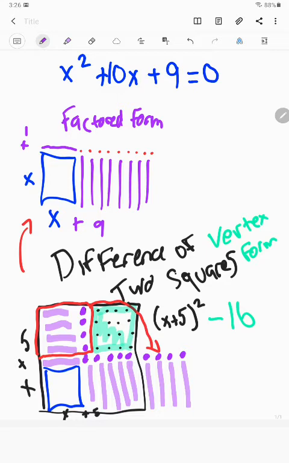And so what I really just did was, on this side, I took away 4, and on this side, I added 4.